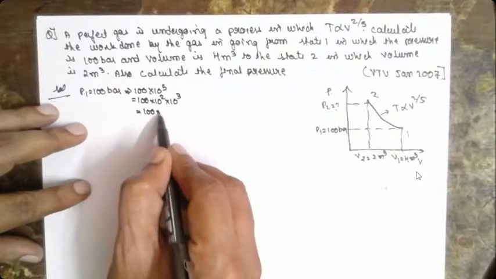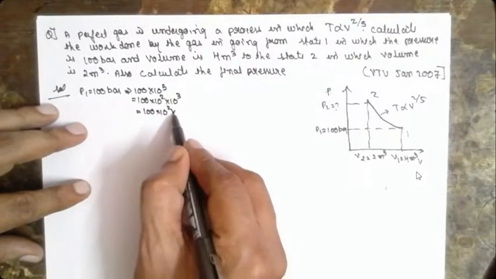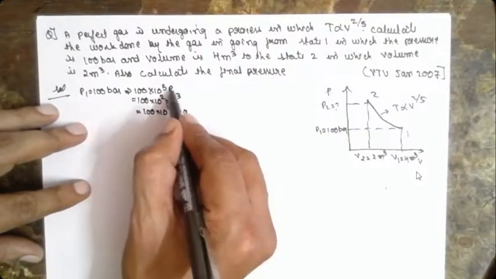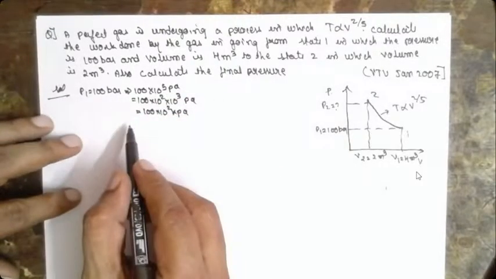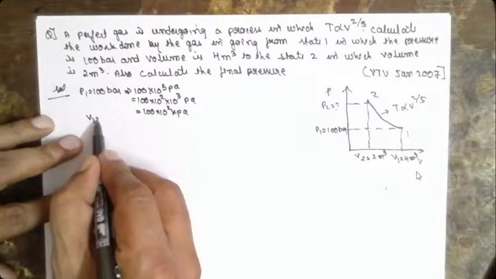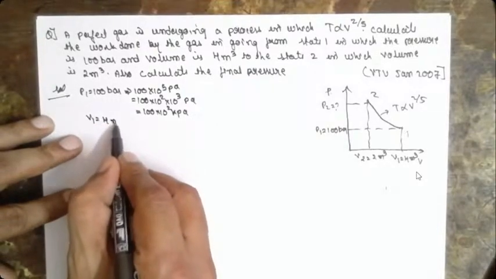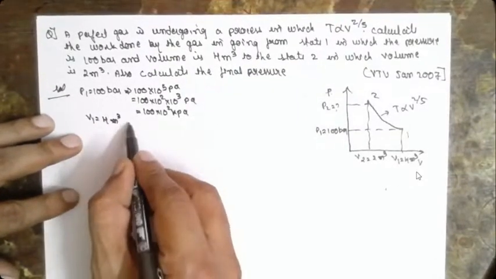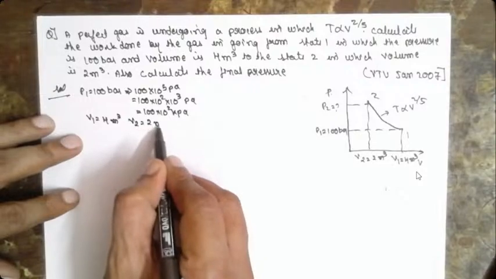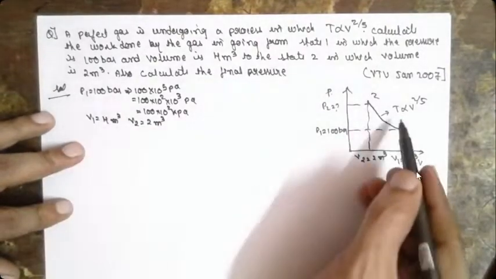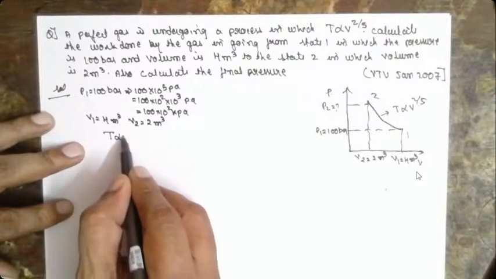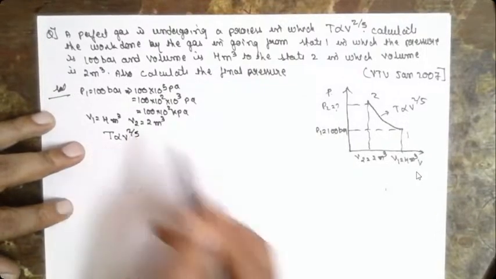This becomes kilopascal. Now volume is given. V1 is equal to 4 meter cube and V2 is 2 meter cube. Next, the condition is given: T is proportional to V raised to 2 by 5.